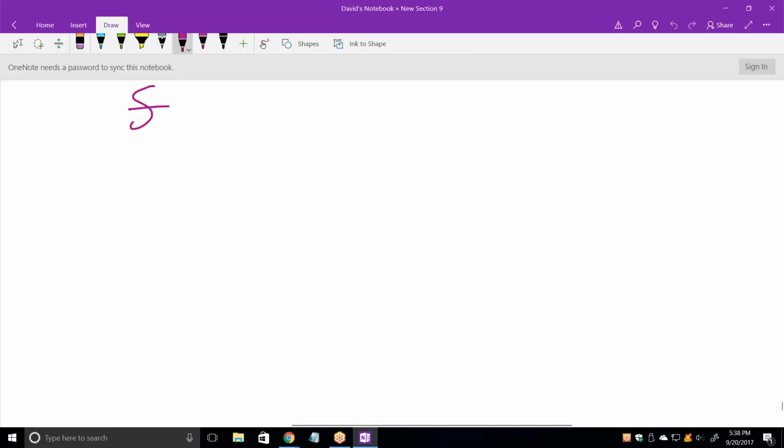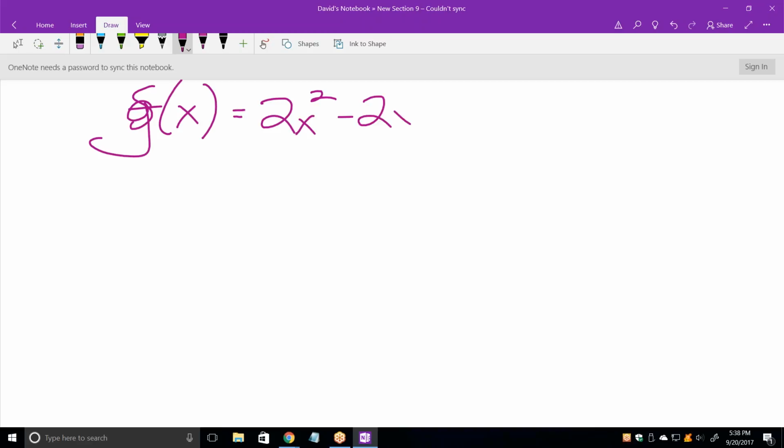Read that function to me. Okay. It's g of x. G of x equals 2x squared minus 2x plus 7. The first question is g of 0. Okay. What is it? I forgot. I was trying to do it based on memory.